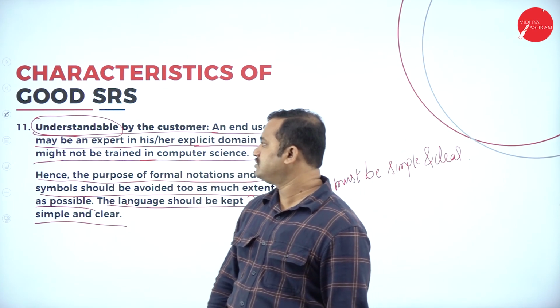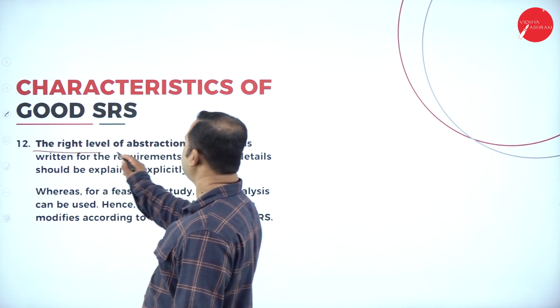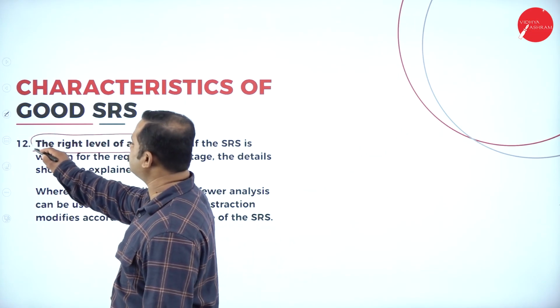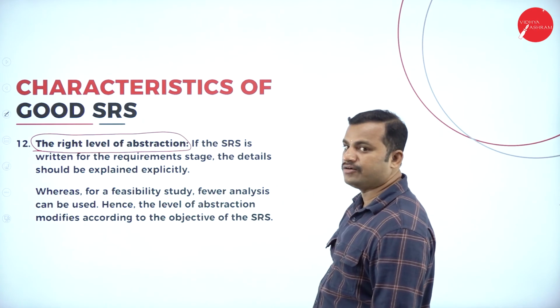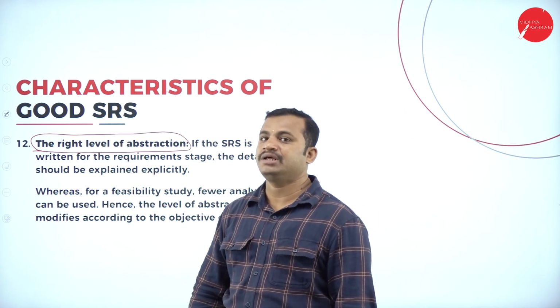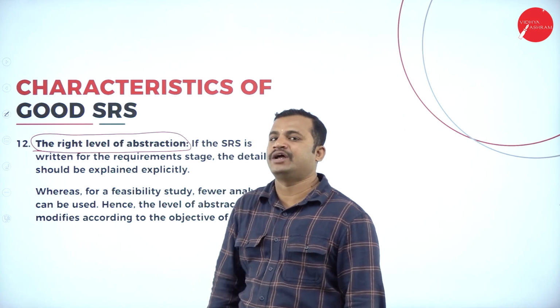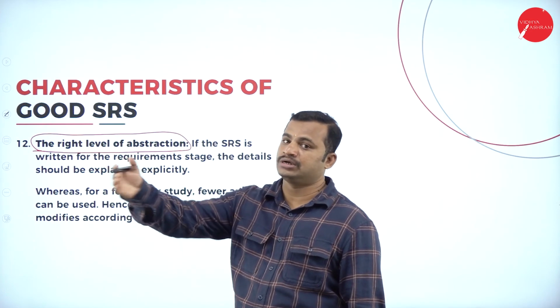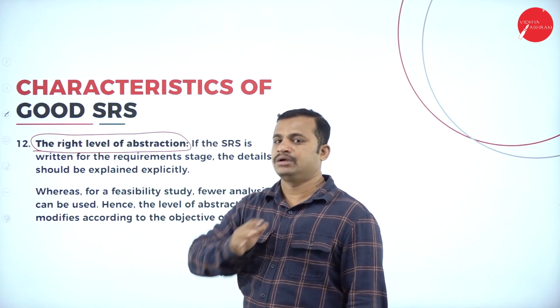So with this, I have the 11th type of good characteristic, that is the right level of abstraction. What is the meaning of abstraction? As I have already discussed with you, abstraction indicates that only the brief information is going to be given to the client and the detailed information is kept with the company.